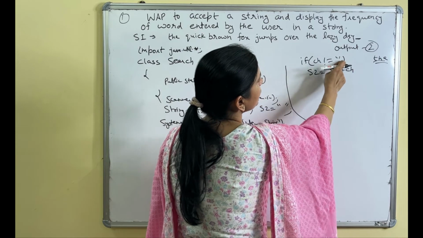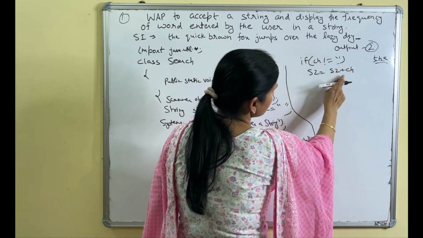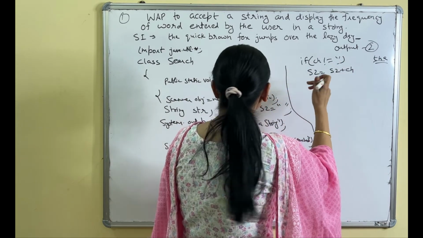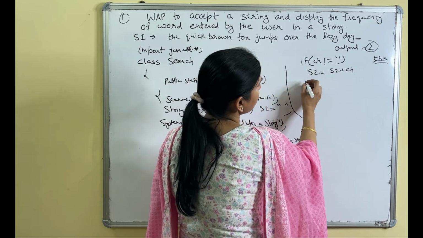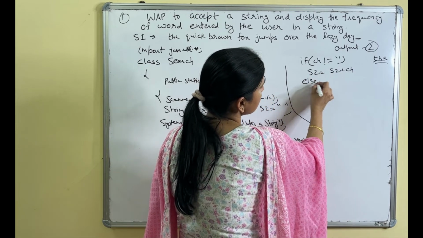So if ch not equals blank, then it should be stored in s2, but as it gets the blank, then it will go to the else.